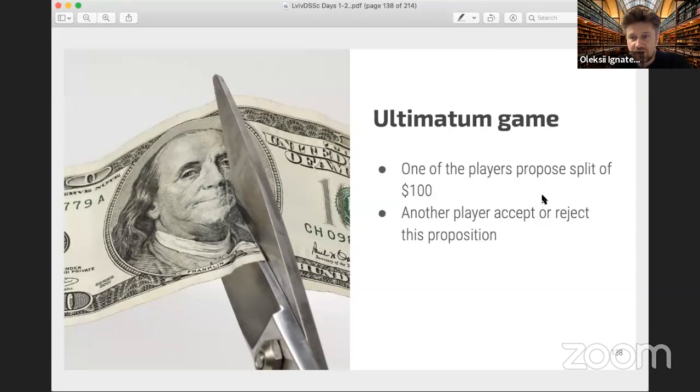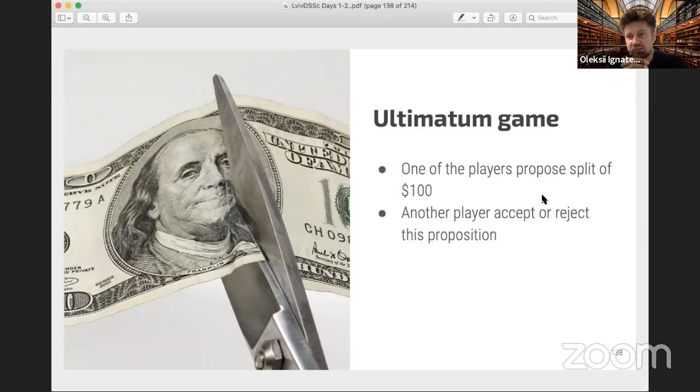For example, he can propose a 50-50 split, or he can propose 30-70, and so on. Then it goes to the other player, and this player can either accept or reject the proposition. If he rejects, then nobody gets anything. If he accepts, then he gets what the first player proposed.